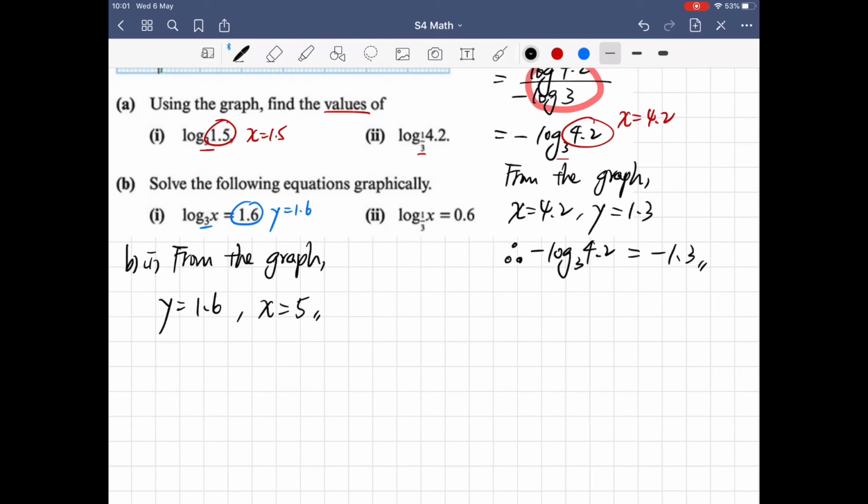Then let's take a look at part B2. So in part B2, it asks you to solve the equation log x with base 1 over 3 equals 0.6. So as you can see, in this case, the base used is 1 over 3 instead of 3. Therefore, we have to make some change on the left-hand side.